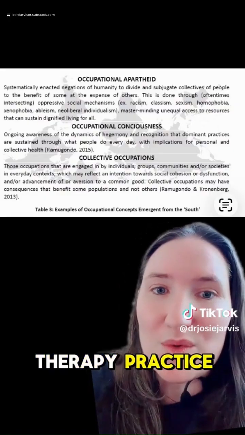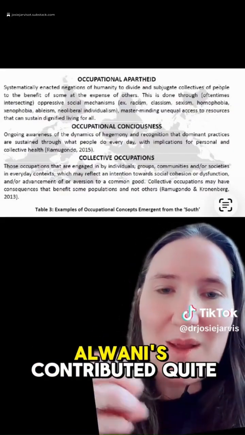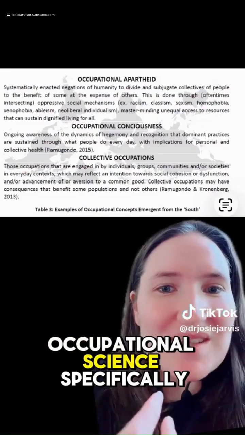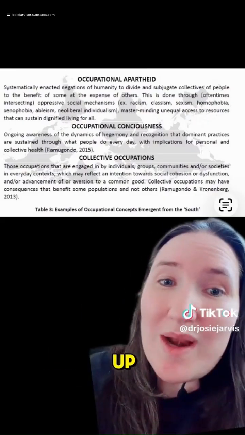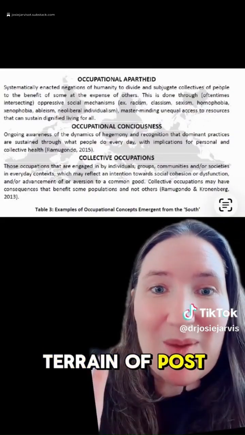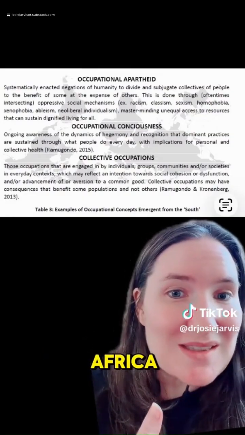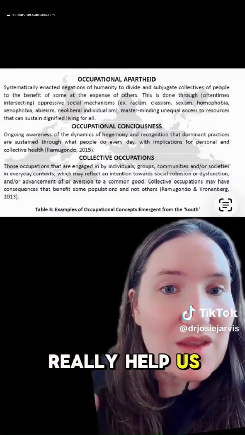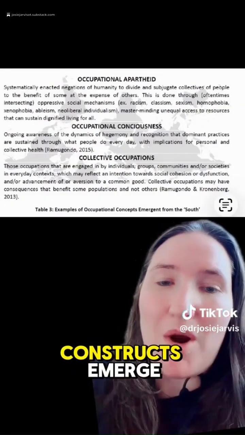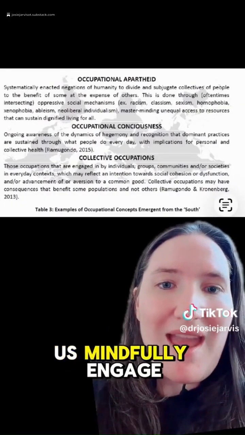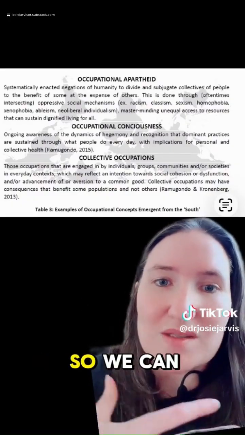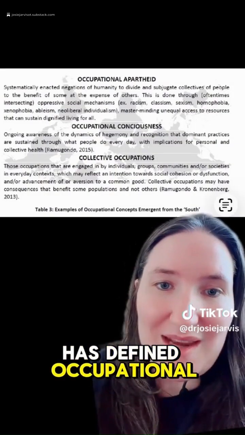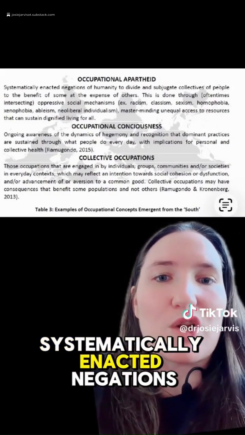So not only are they scholarly informed with a diversity of theoretical orientations to occupational therapy practice and occupational science, Elelwani has contributed quite a bit to occupational science specifically, but they also have lived experience of growing up and navigating the terrain of pre-apartheid South Africa, and that can really help us appreciate and understand the context around how these constructs emerge, and that helps us mindfully engage with them and apply them in our own clinical practice.